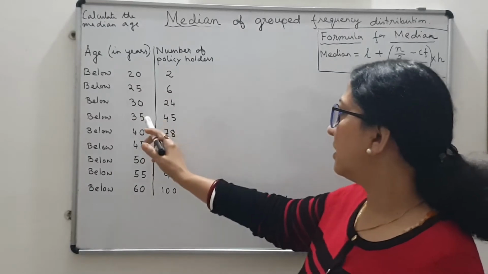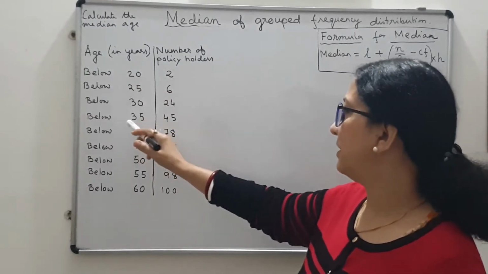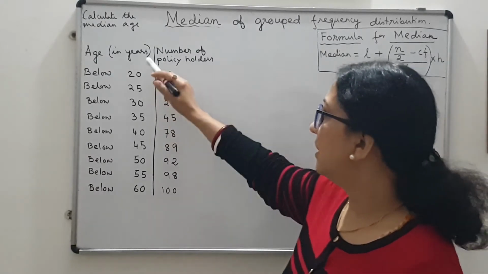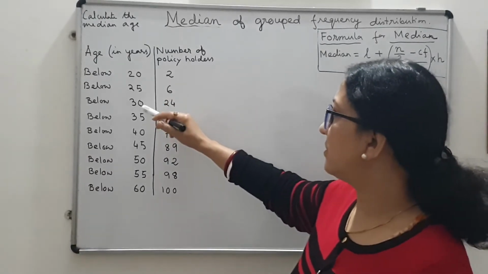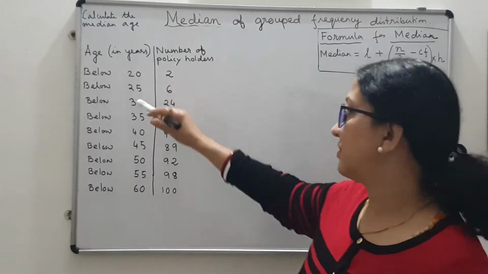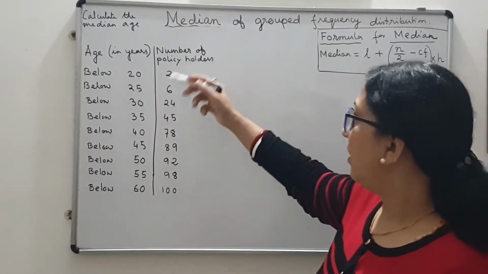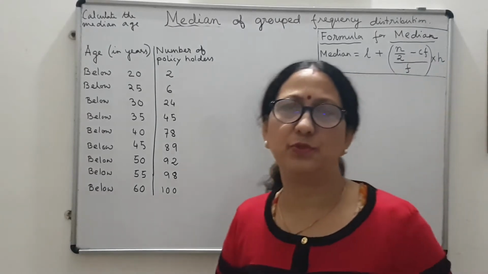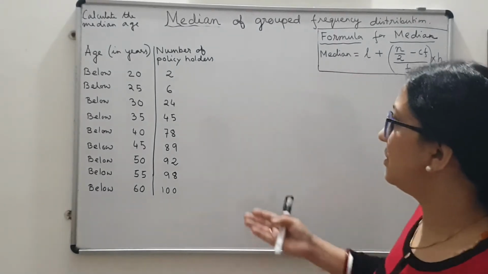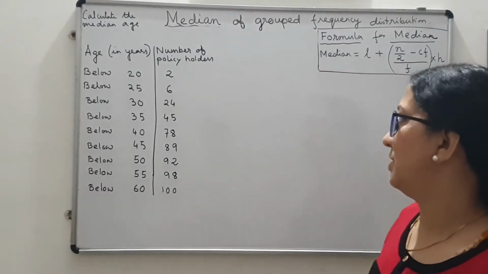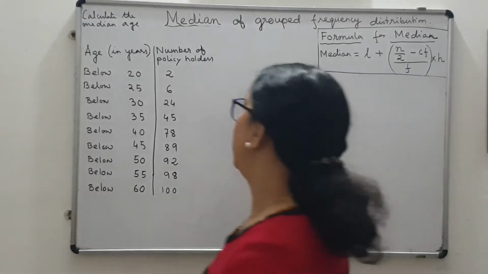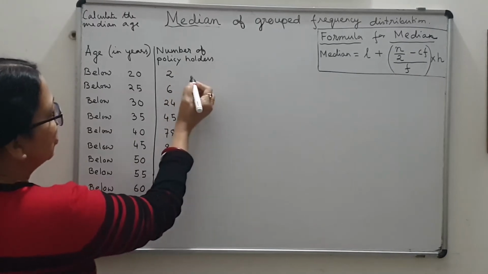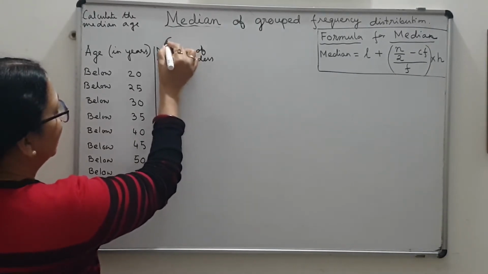Similarly, below 35 years, this 45 number will include all policy holders under these ranges. So that's why this is actually a cumulative frequency distribution. This is not a frequency distribution, this is a cumulative frequency distribution. Though these columns show the number of policy holders, these are all cumulative frequencies, CF.